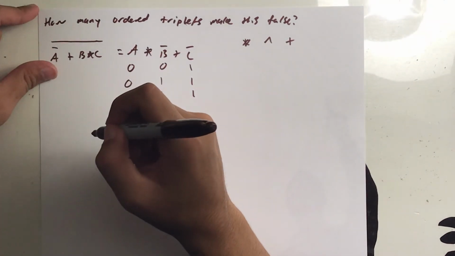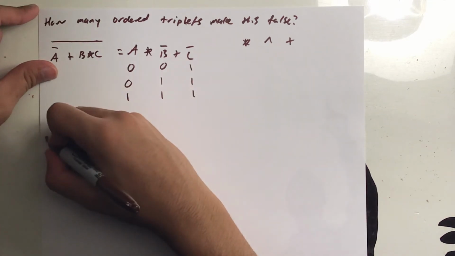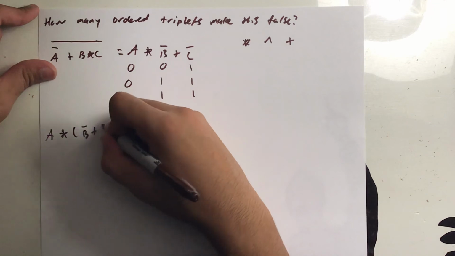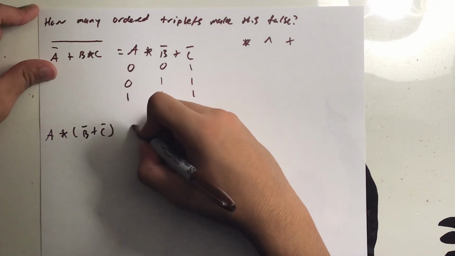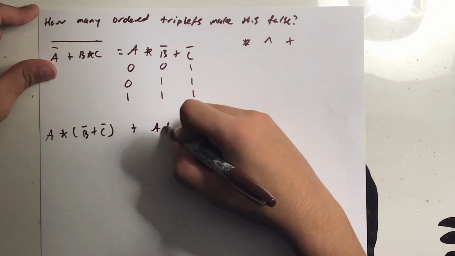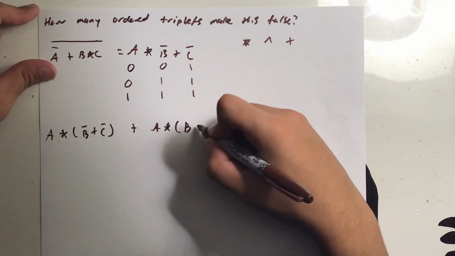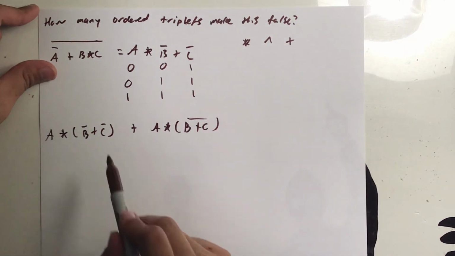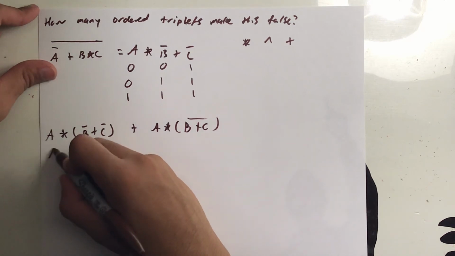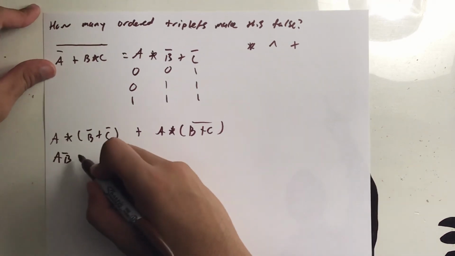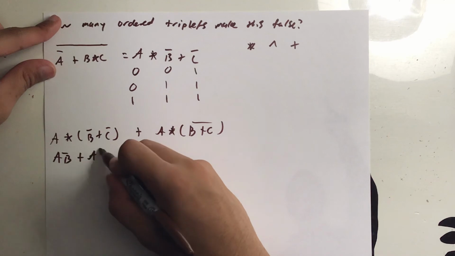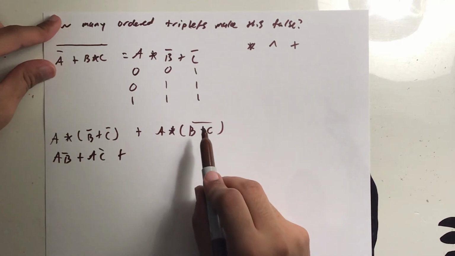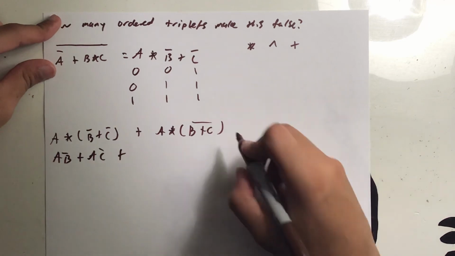Let's see. Okay, what if we had this? A times (not B plus not C) plus A times not (B or C). Well, we use the distributive property: A not B plus A not C plus, and then we use De Morgan's law real quick.